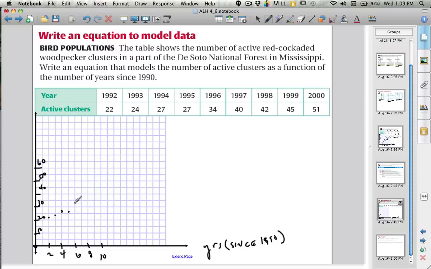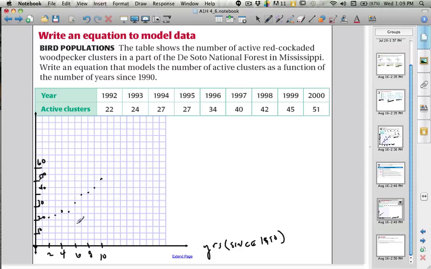That's really close to 35. 7, we're at 40. Right there. 8, we're at 42. 9, we're at 45. And 2000, we're at 51.